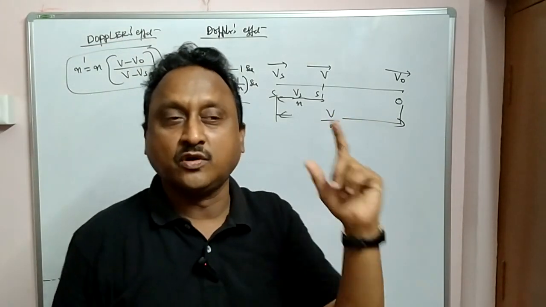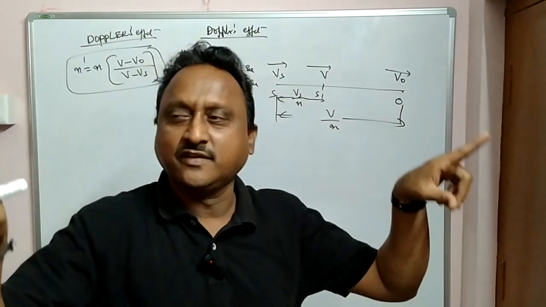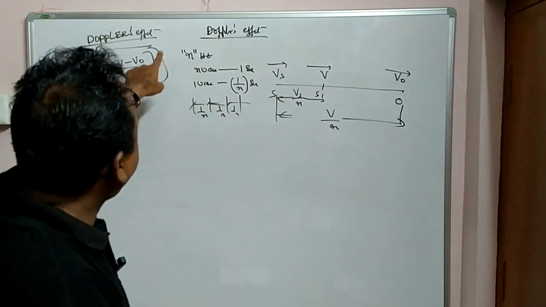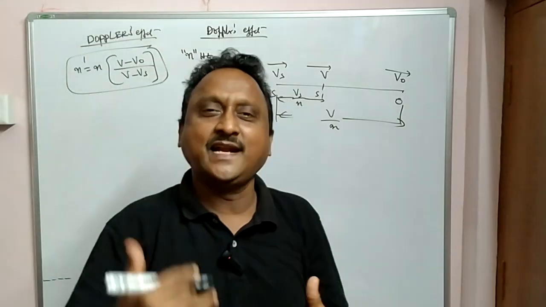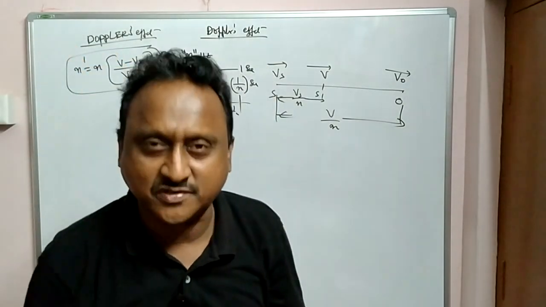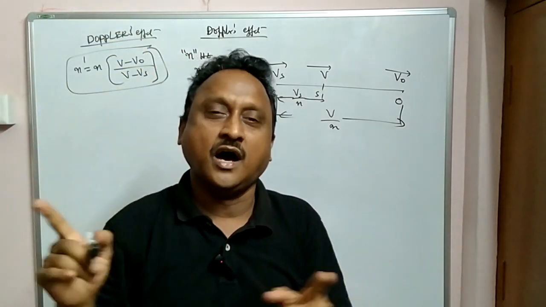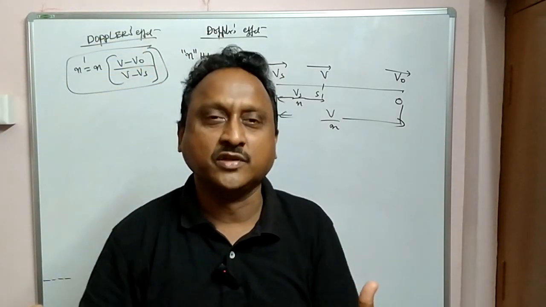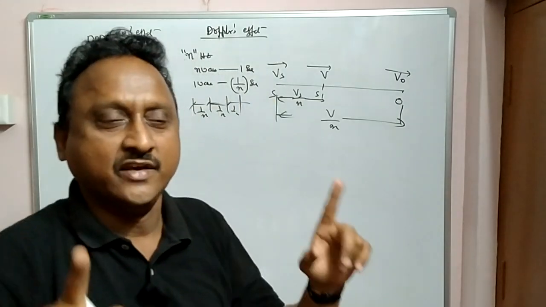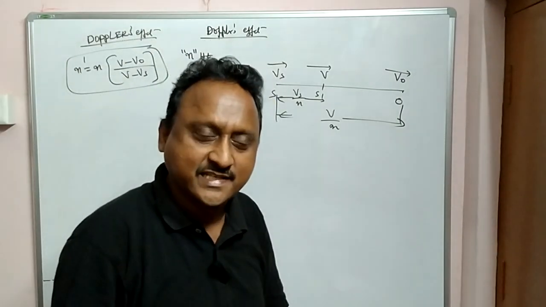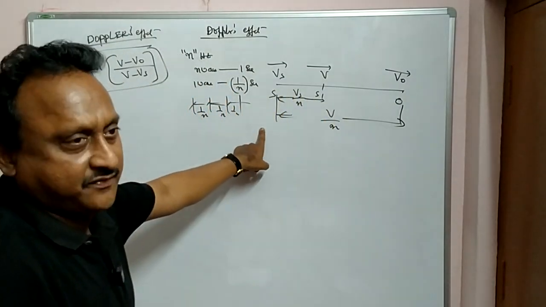There must be relative motion, that is, movement, between the observer and the source. Suppose both are at rest, Doppler effect cannot be observed. So Doppler effect means the apparent change in the frequency of the source of sound observed by the observer when the observer and the source of sound are in relative motion. If both are at rest, the apparent change in frequency will not be observed. That is the definition of Doppler's effect.